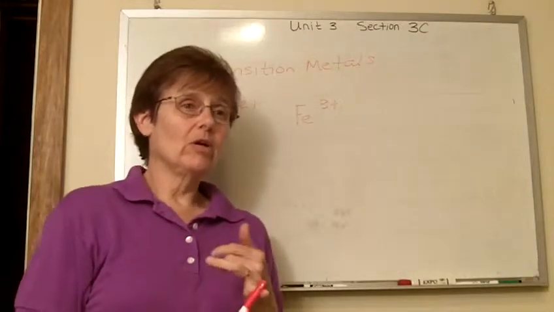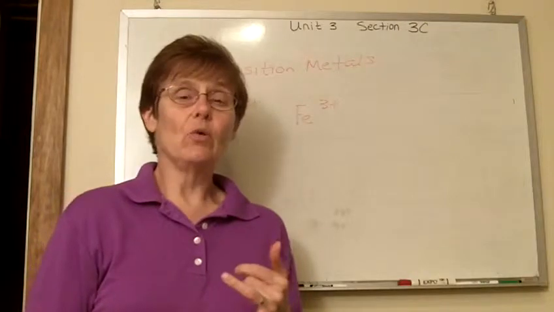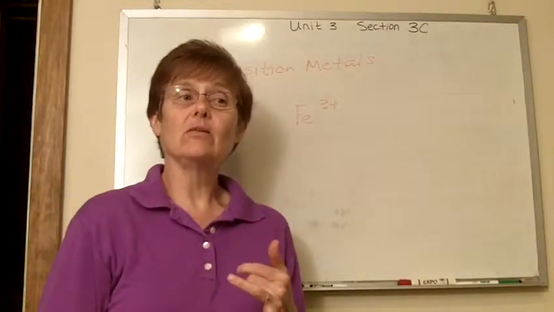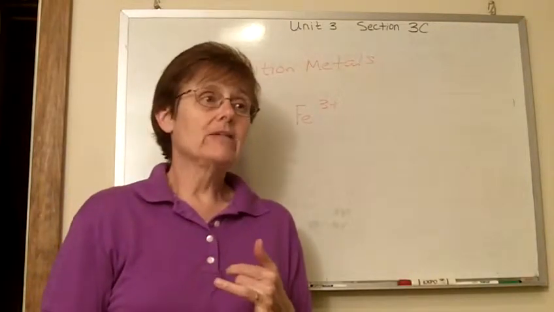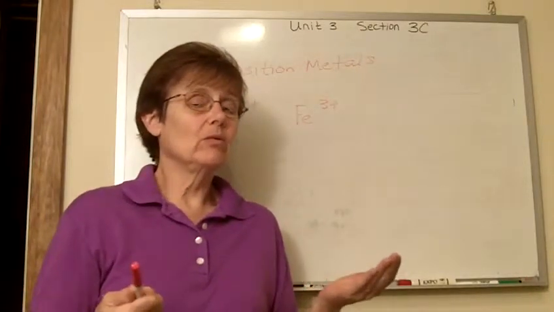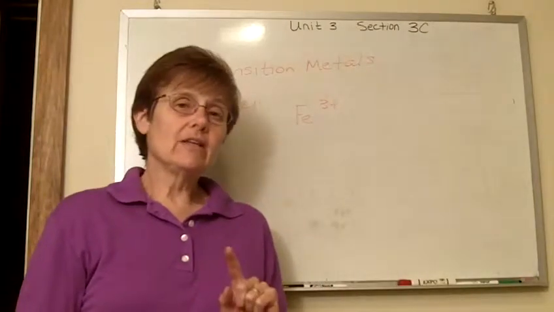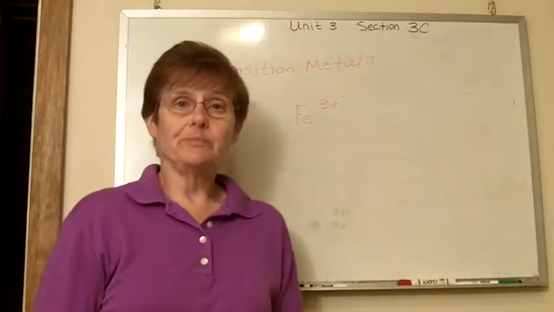Because if you remember, if you look at a name and you're trying to write the formula, you have to know what the charges are on the ions in order to get the subscripts. So if you're looking at something like iron and you don't know if it's a +2 or a +3, then you can never get to the formula.